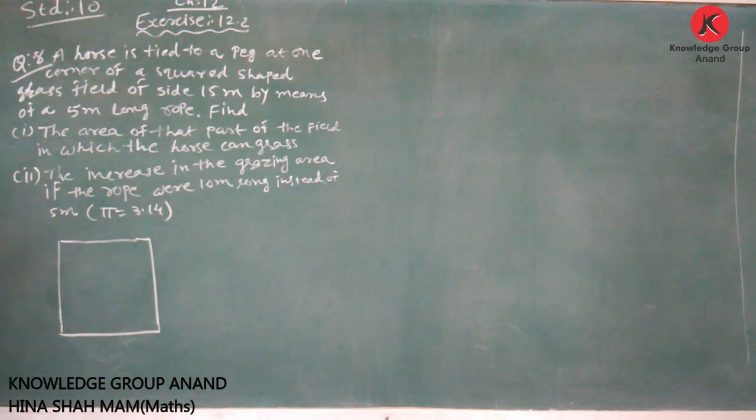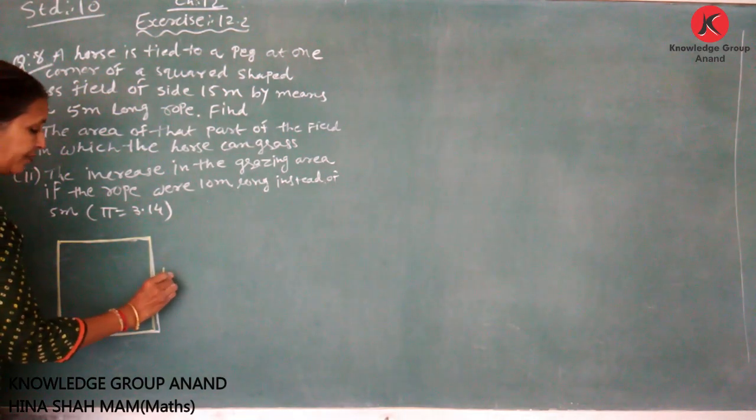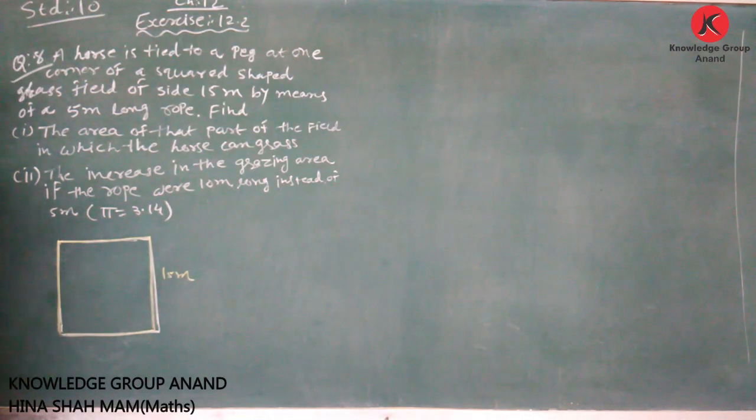Here it is a square field. In the textbook, a figure is given, with length 15 meter. At one corner, the horse is tied with a 5 meter long rope.